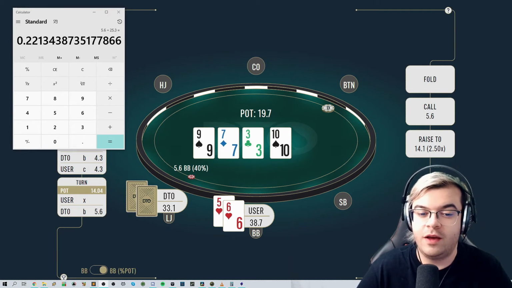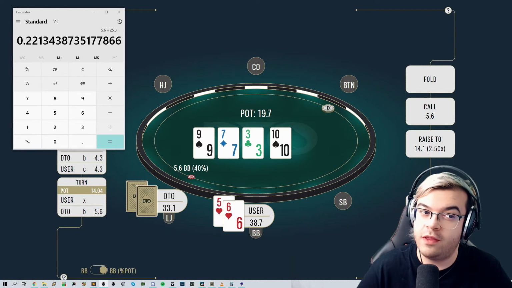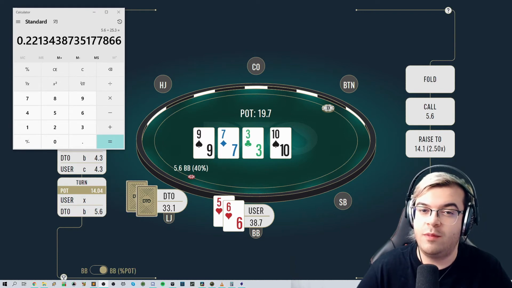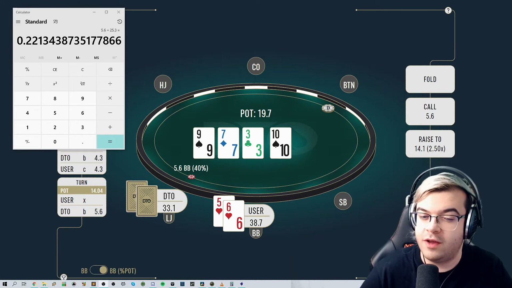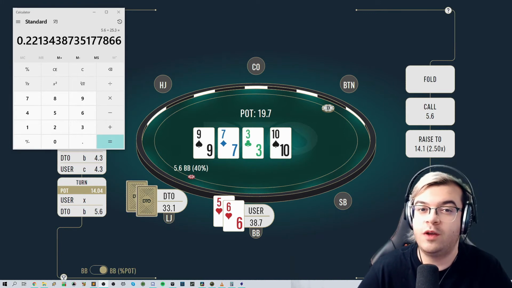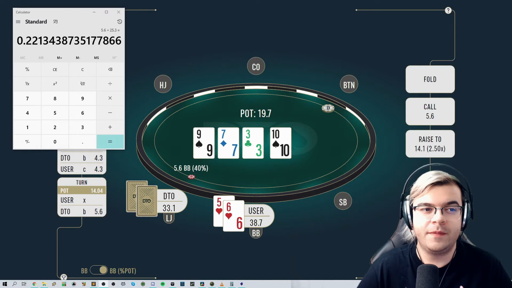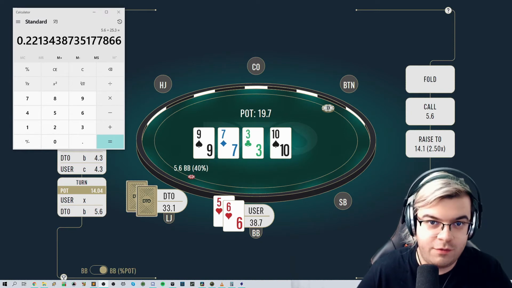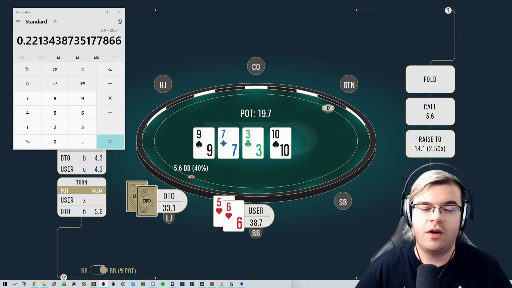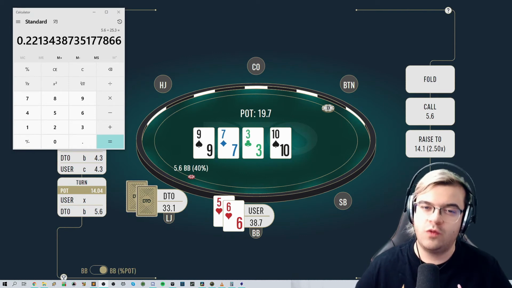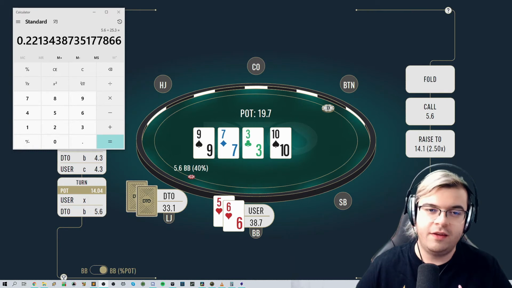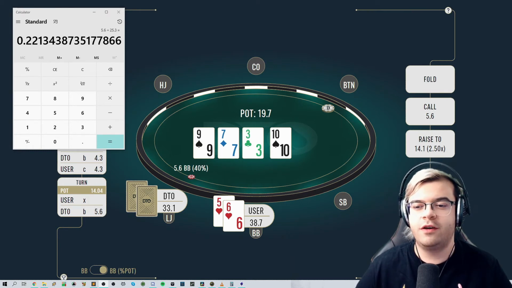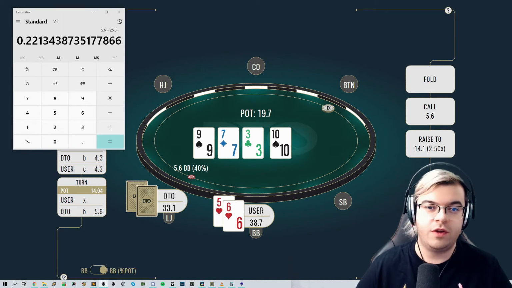That's going to be 16%, which is lower than our pot odds. It doesn't necessarily make it an unprofitable call in the long run, because sometimes when you do hit the straight, you can make more money off your opponent when he has a set, for example, or two pair. So pot odds is not something to live and die by, but it's a very, very good indicator of what hands you should be continuing with and what hands you shouldn't.